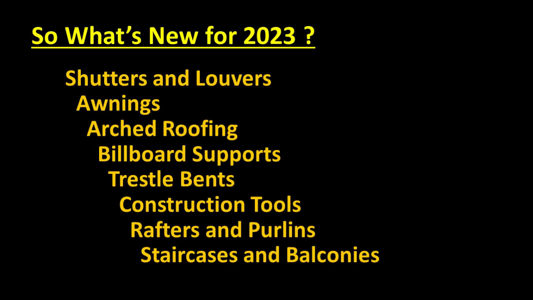So, what's new for 2023? How about shutters and louvers, awnings and arched roofing, billboard supports, trestle bents, and construction tools, rafters, and purlins? These generators are probably the reason why you decided to attend this clinic.